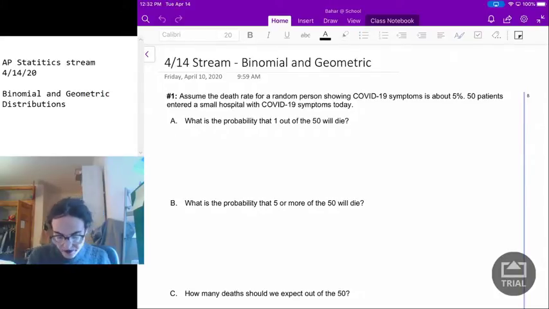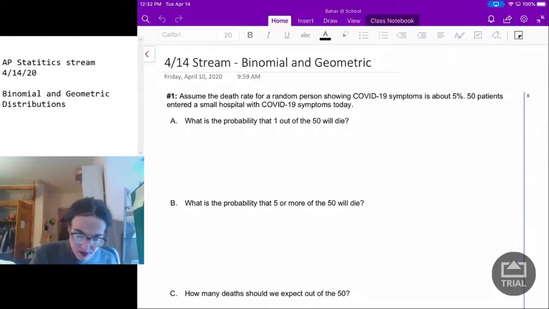Again, p is the chance of success, 1 minus p is the chance of failure. K is the number of successes, n minus k is the number of failures. So this is the formula that we're going to use.